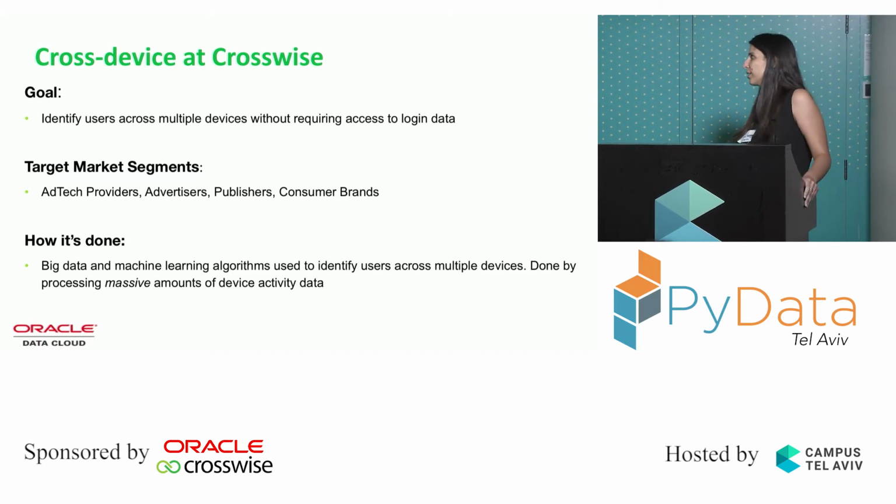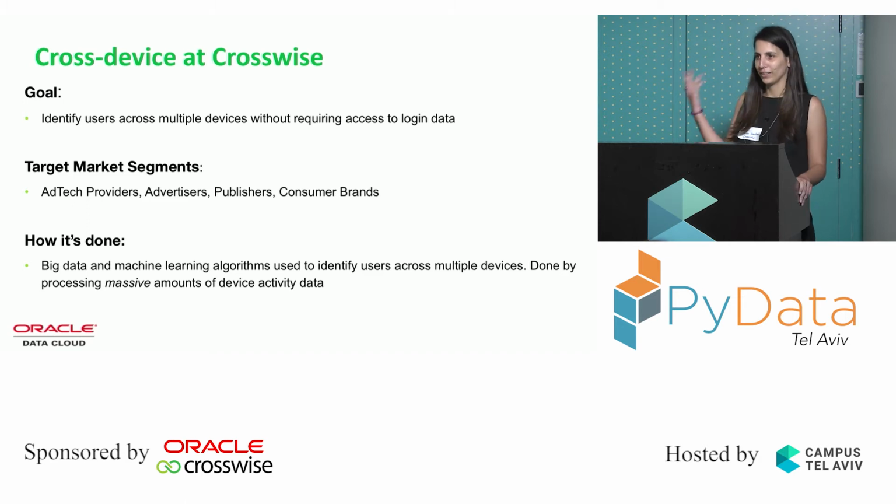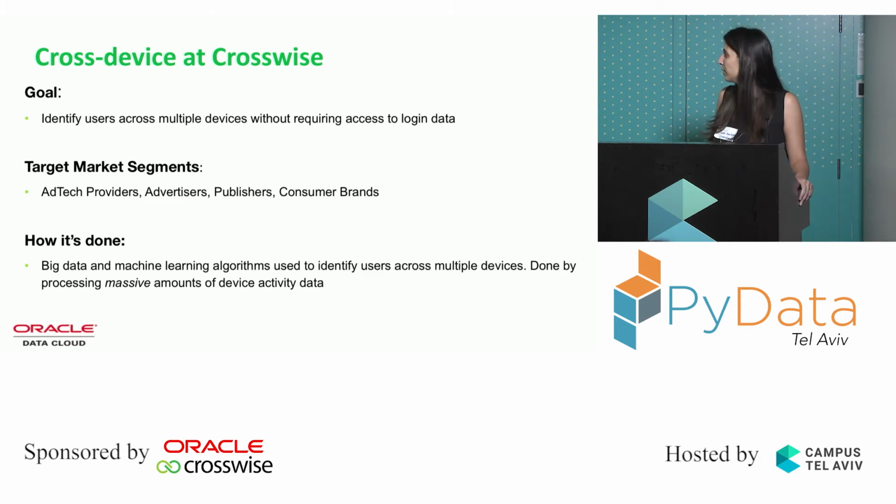And how it's done, obviously this is a long answer, but the short answer is that we process massive amounts of data on a daily basis and on a weekly basis. And this is just activity data of devices, and Shir gave a little bit of background on this, but I'll go into details. We process this data and we use machine learning, which we all love, to get insights on this data.